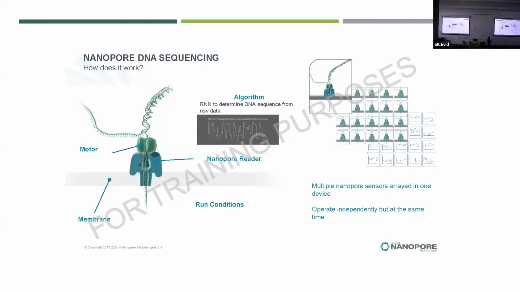So you have time versus current captured, and this current should help us predict which nucleotides are passing through the pore. That's the idea. When DNA sequencing is done, it is done at 450 base pairs per second. That's the speed at which the DNA molecule moves.